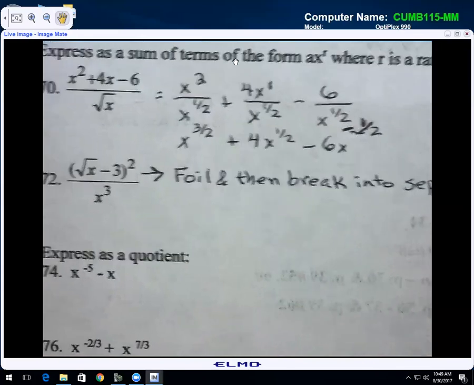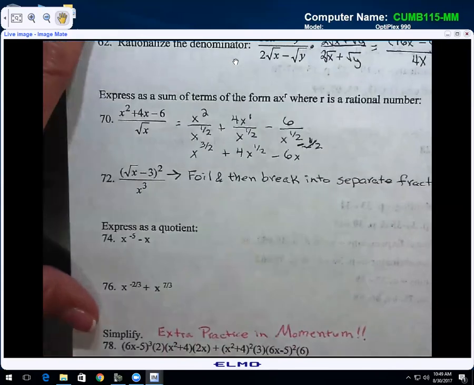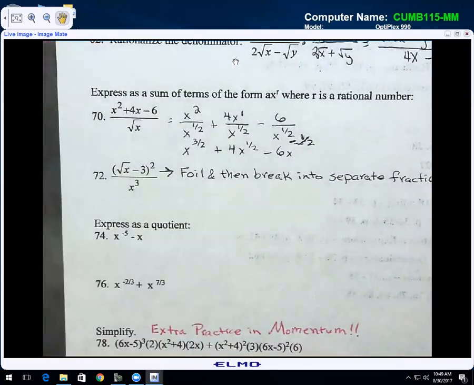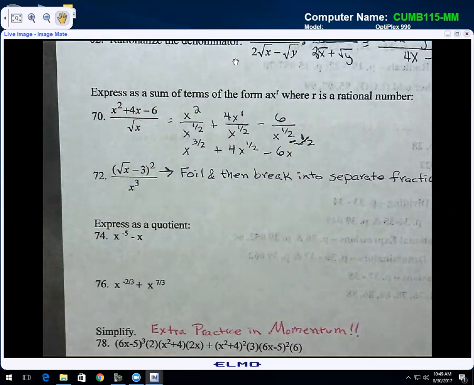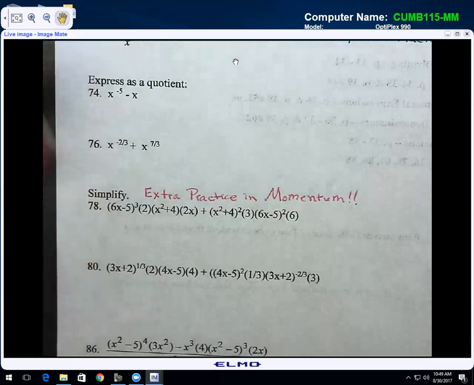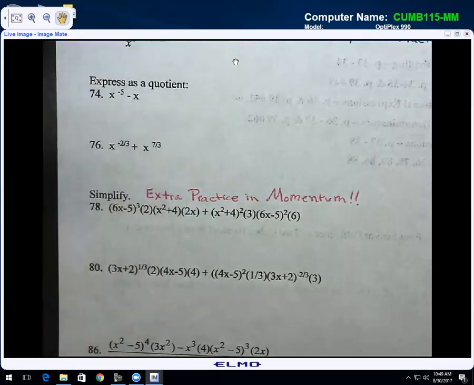It only has one step more than the problem above it. This numerator, once you fold it out, you'll break it into 4 separate fractions and do the same thing you did on number 70. All right, you got to do these two so that we can get there in the homework.